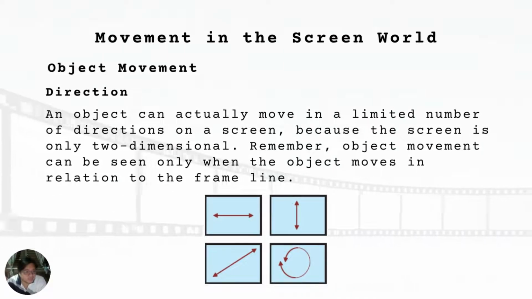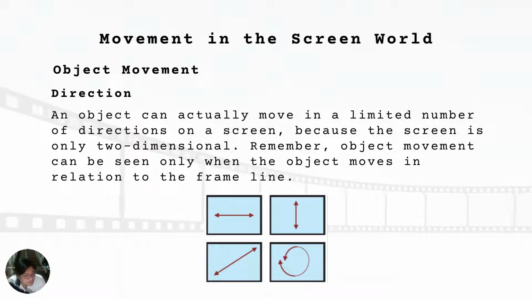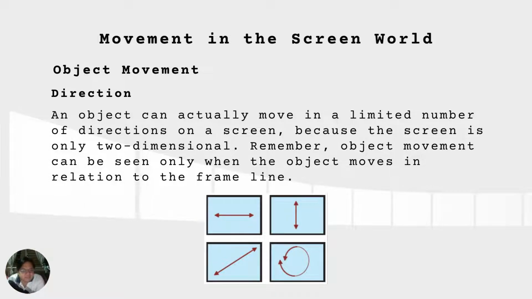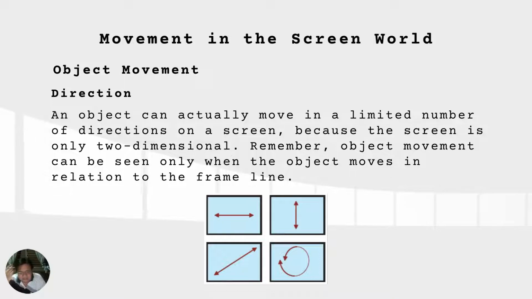When you talk about direction, an object can move in a limited number of directions on screen, because the screen is only 2-dimensional. Remember, object movement can be seen only when the object moves in relation to the frame line. That's what we talked about. You have a frame line that is your reference to the moving object.